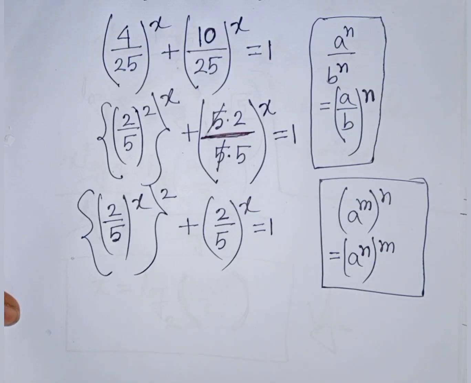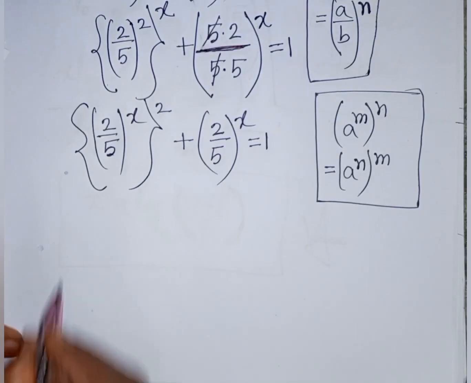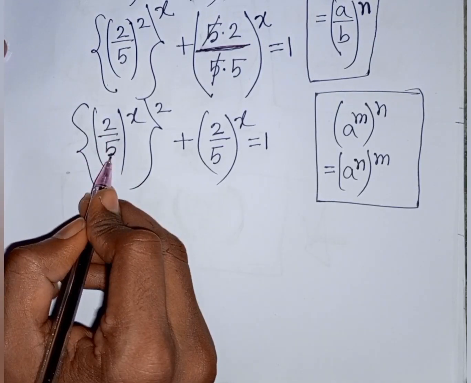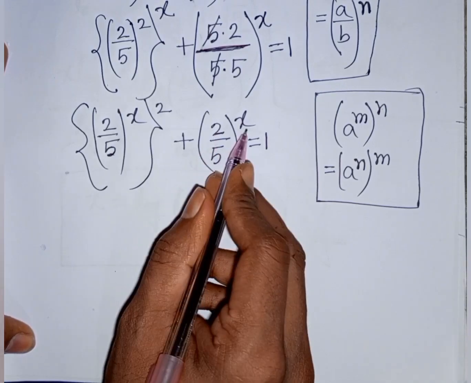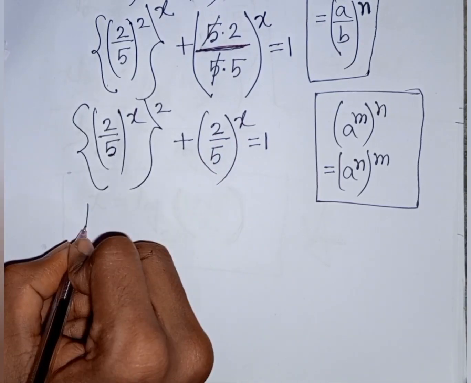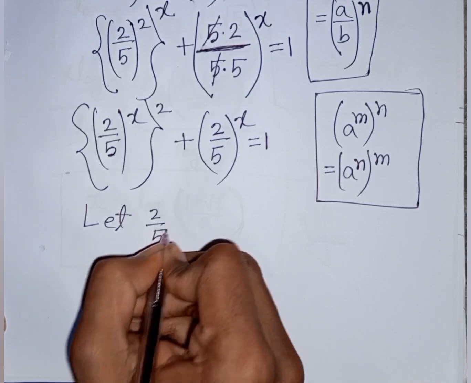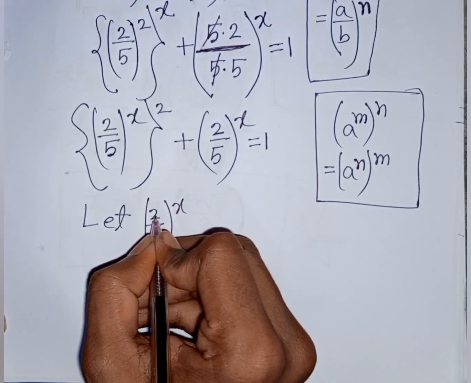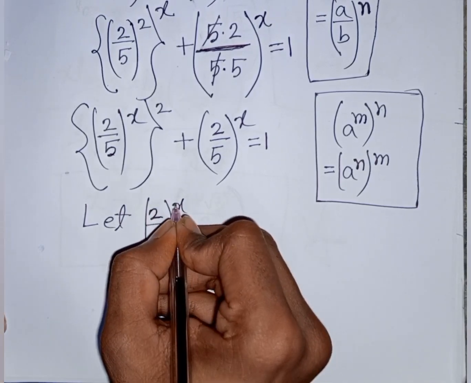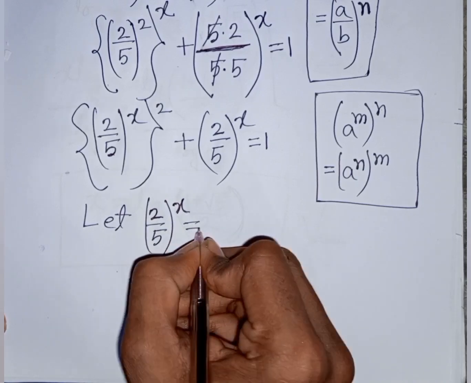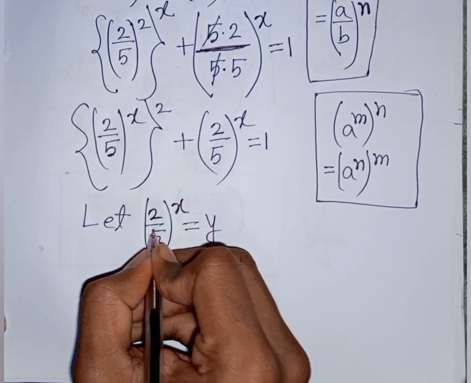Now we see 2 by 5 bracket power x, 2 by 5 bracket power x, both terms are the same. So let 2 by 5 bracket power x be substituted by y.